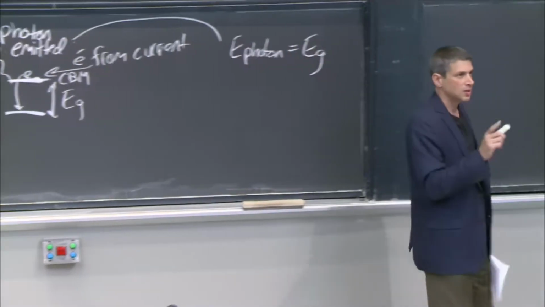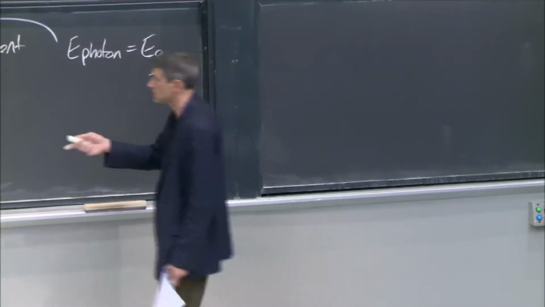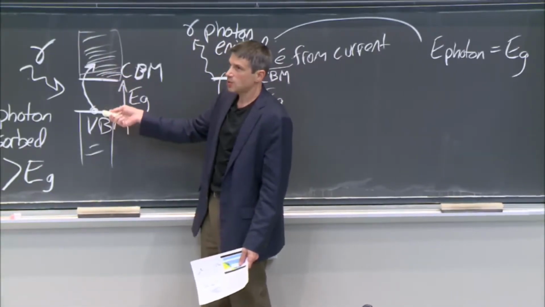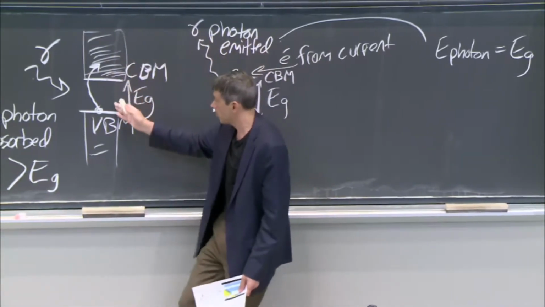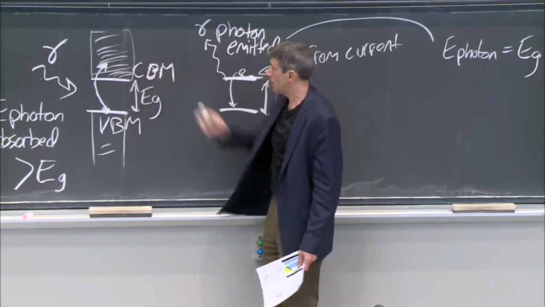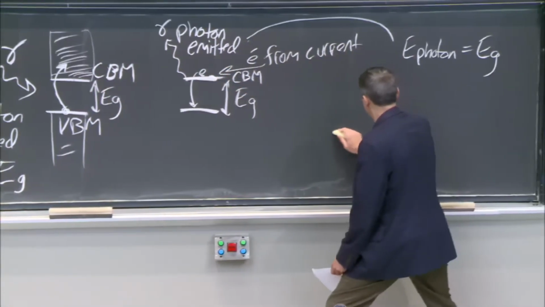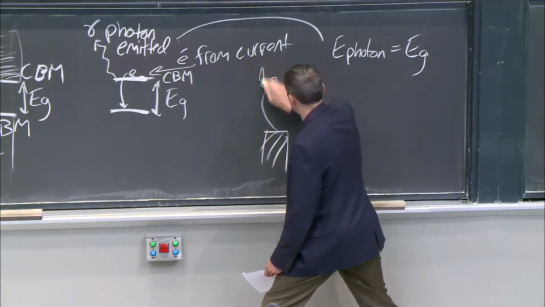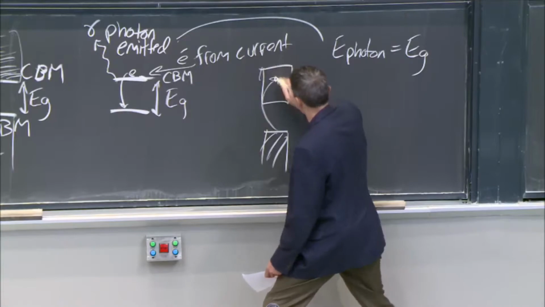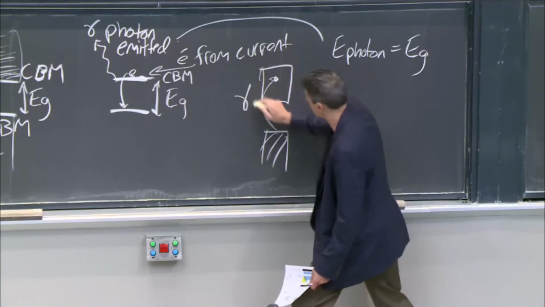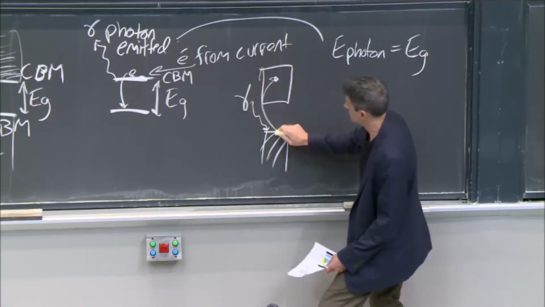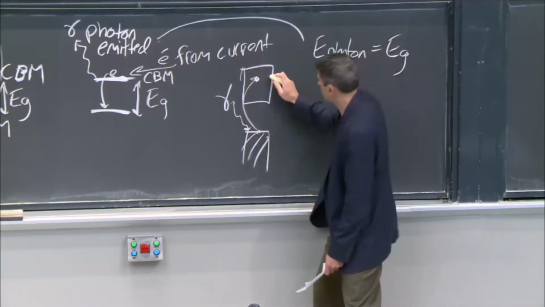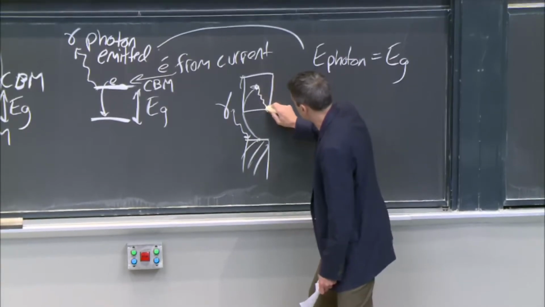And that gets me to another important point, which is on the absorption side, I can overshoot this. Like I said, I can absorb higher than the gap. I can't absorb lower, but I can absorb higher. If my photon comes in and kicks an electron up really high, it's a high energy photon, then that electron very quickly will go back down.